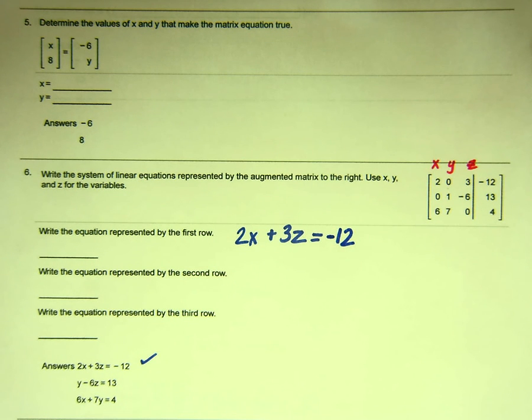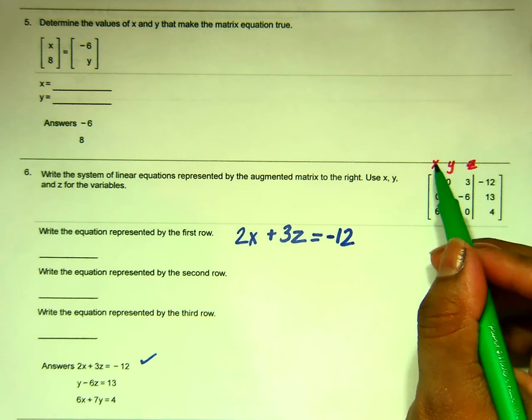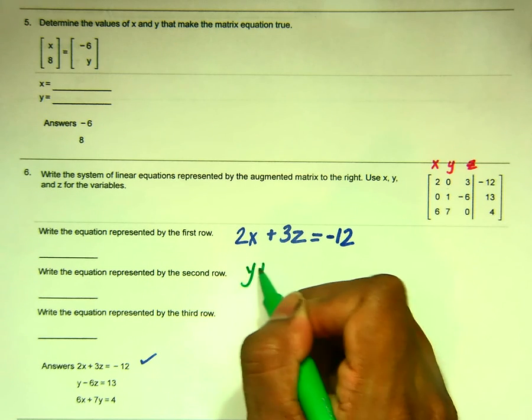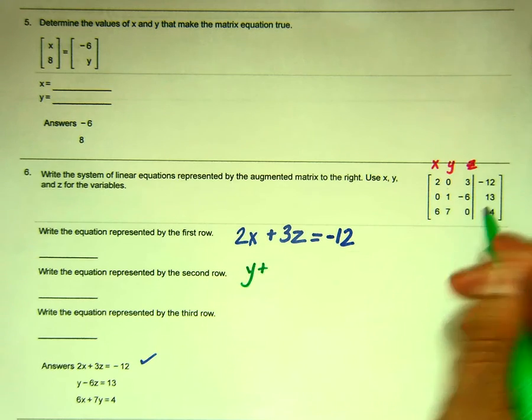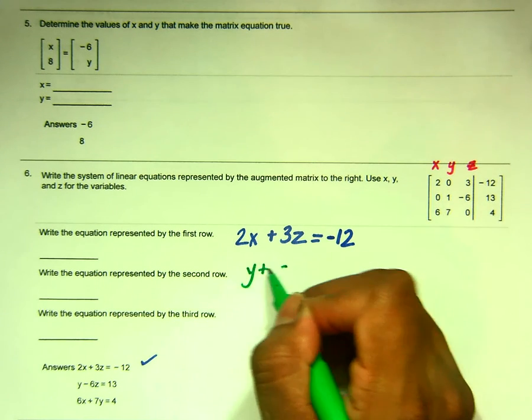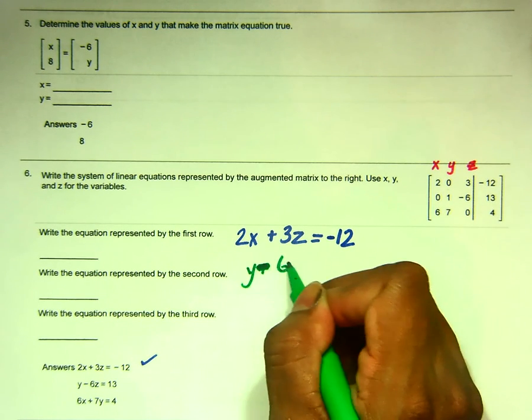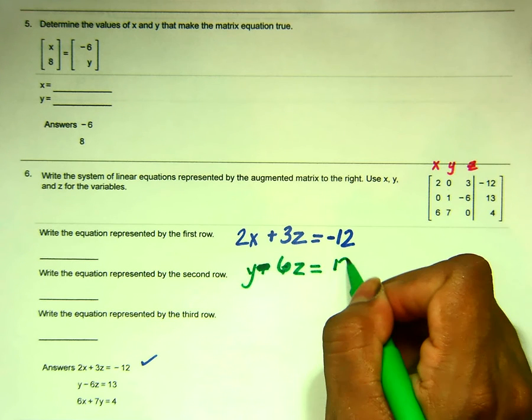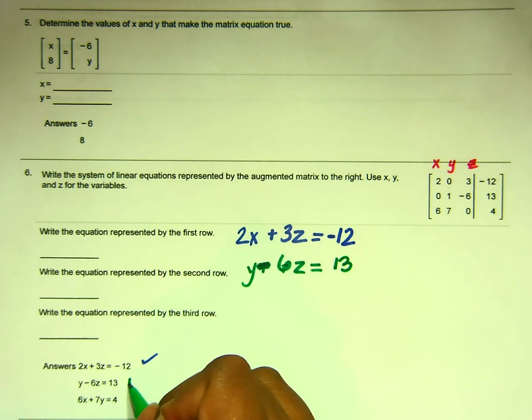Your next one is going to be your second row. Notice how there's a 0 for the x, but you're going to have 1y, because I see 1y right here, minus 6z equals 13. So I'm going to put a check right here.